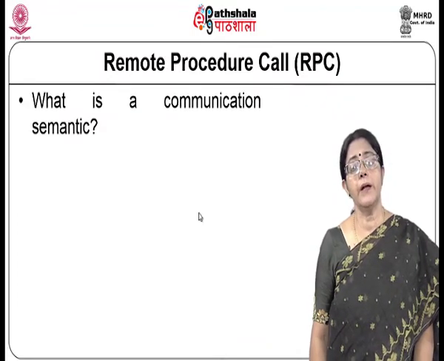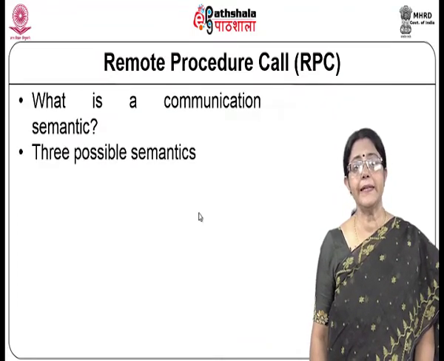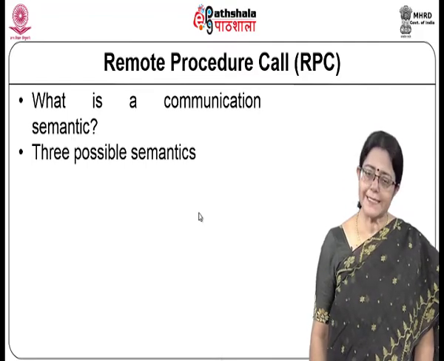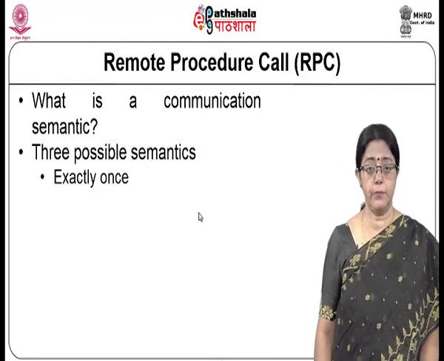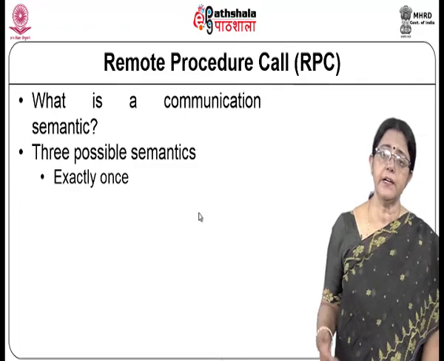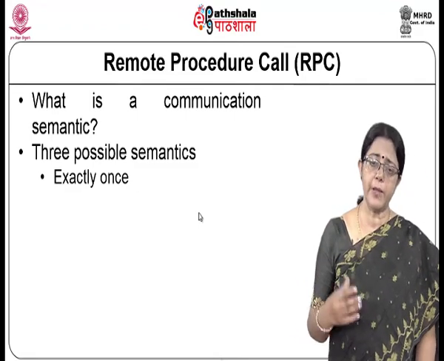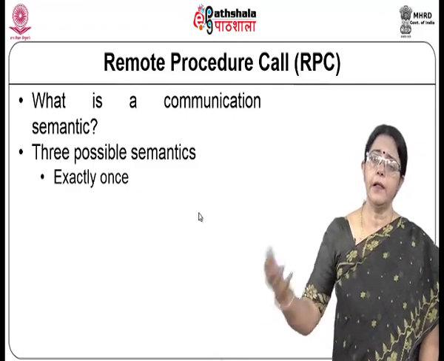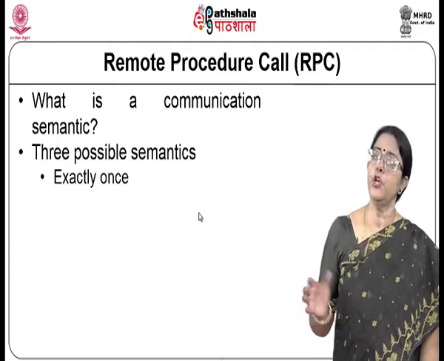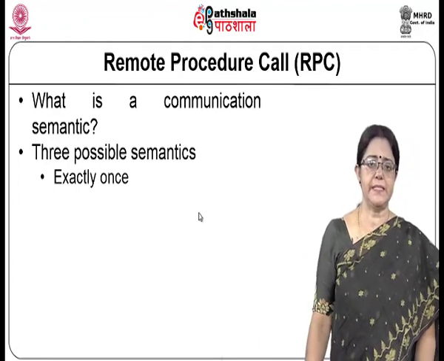So, what are the communication semantics? We saw that there are three semantics. One is called exactly once. That means that whatever way I send as a sender, it is received as a receiver, with no additional messages.